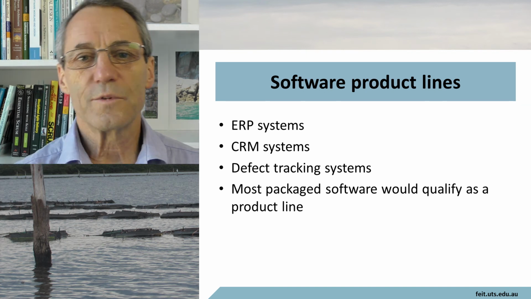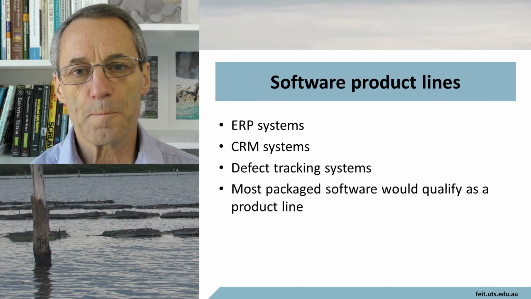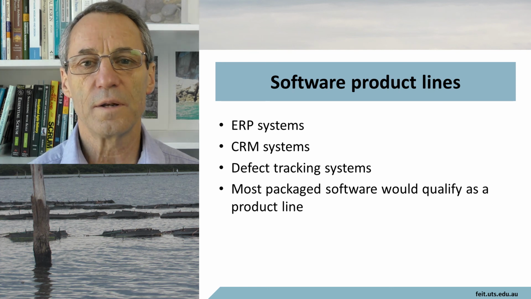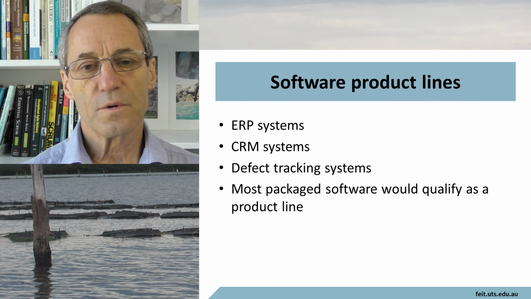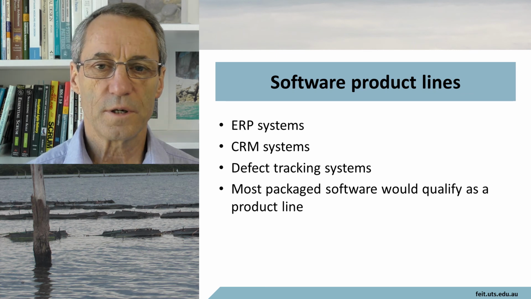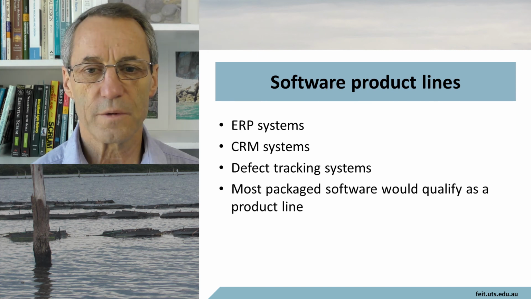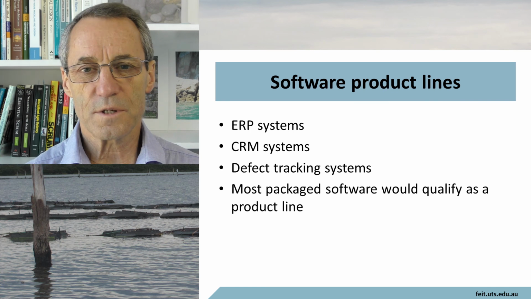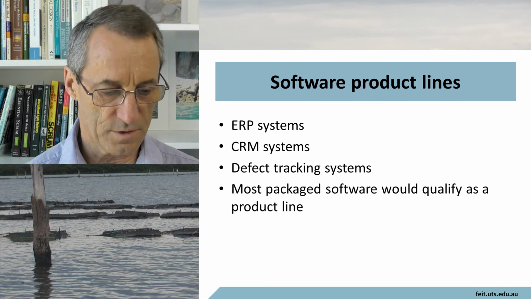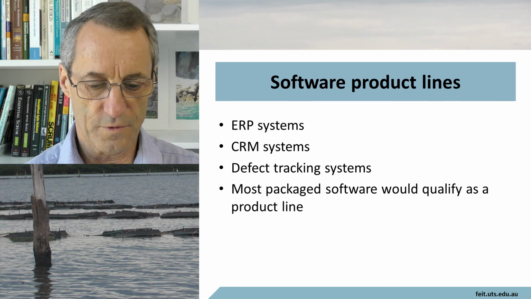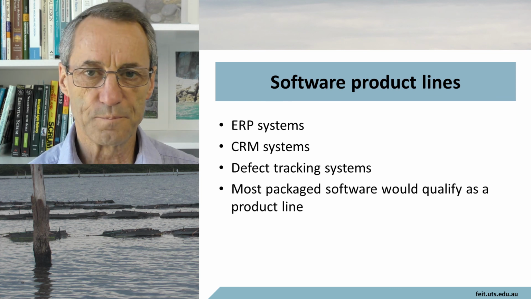Defect tracking systems will be familiar to all you programmers. These tend to be a product line in that no two organizations will actually implement it the same way. They change some parameters about it or the information they record, and each of them is slightly different. But they all share the same essential characteristics of tracking defects. Now, most packaged software would qualify in some way as a product line.